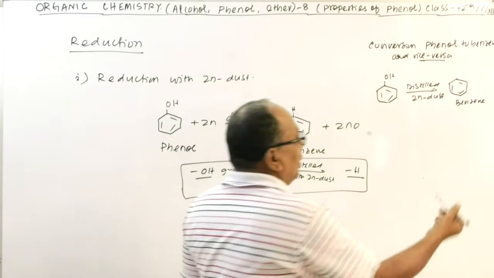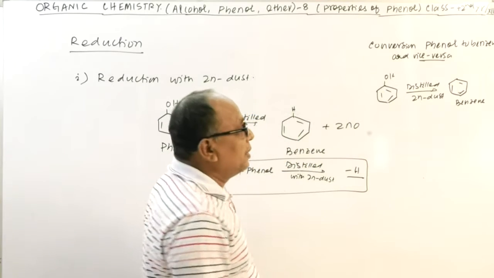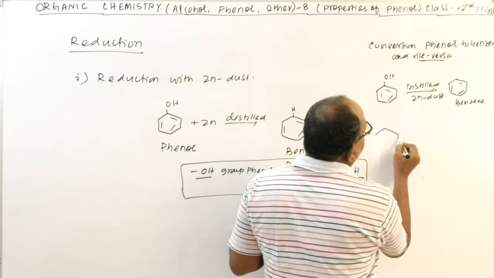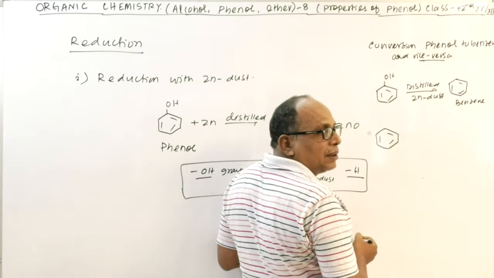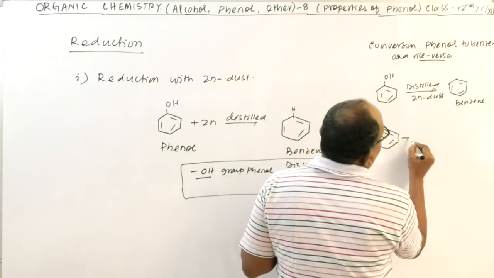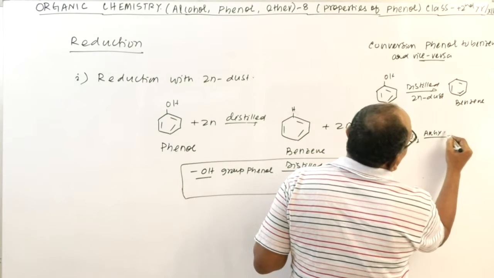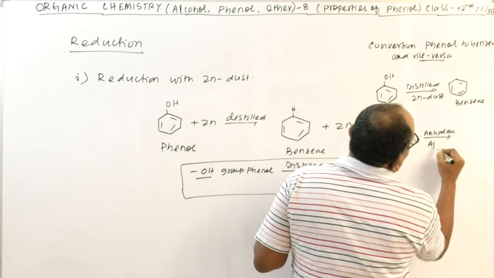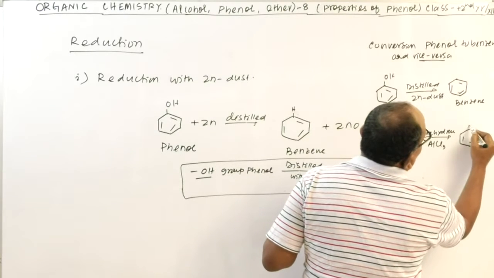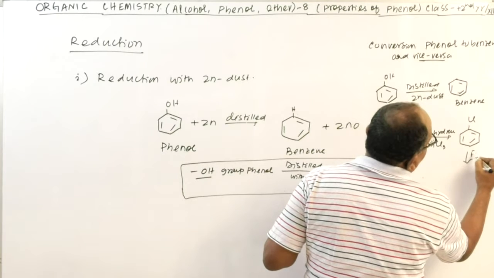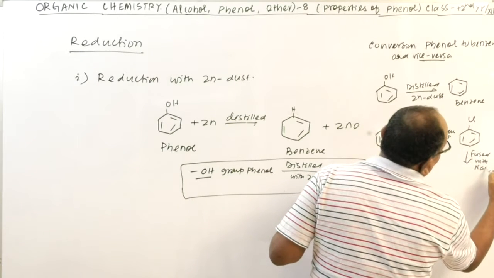Don't think of distilling with this one. No. Another possibility: do you know the method of preparation of phenol from benzene? Benzene is treated with chlorine in the presence of anhydrous aluminum chloride. It forms chlorobenzene. This is fused with NaOH.